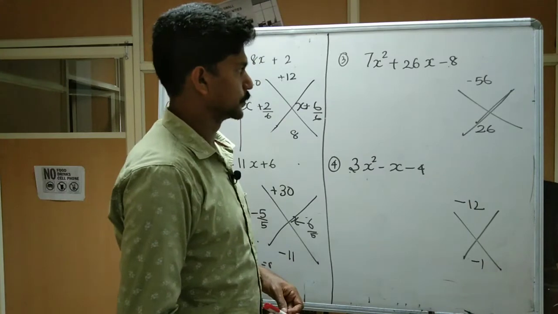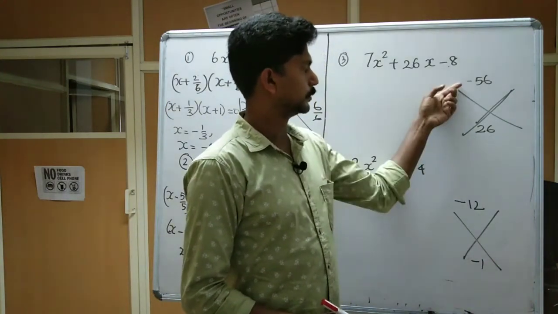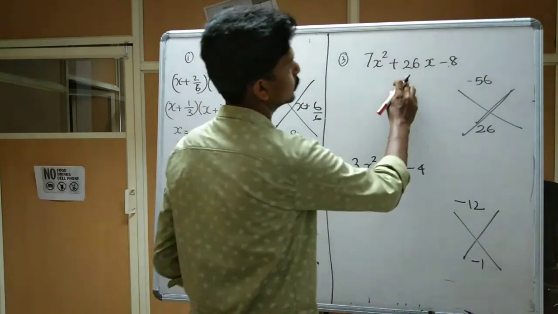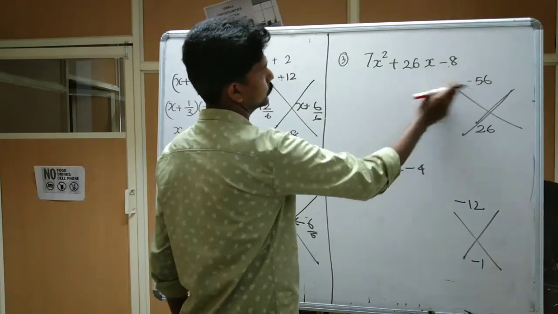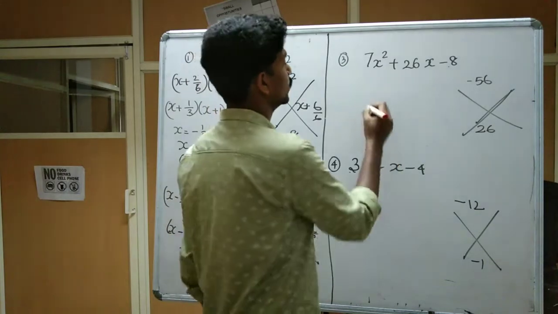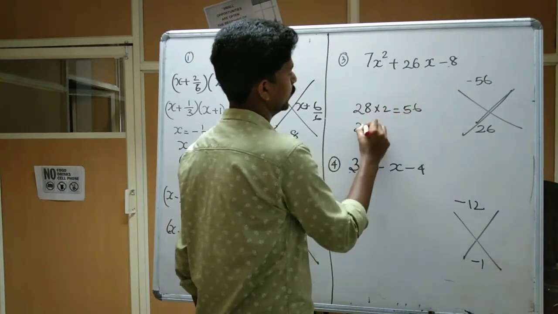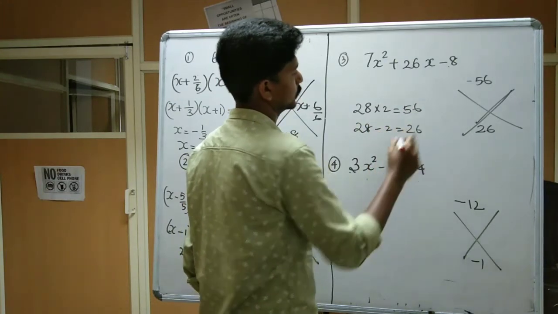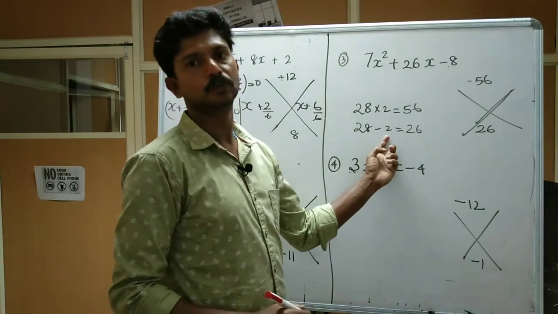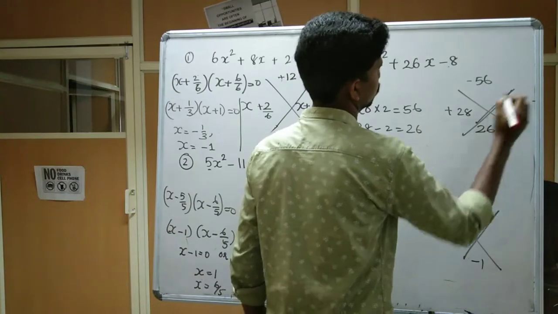So here positive and here negative, but the product is negative. Let us see the factors of 56 which give 26 on adding or subtracting. That is 28 into 2 is 56, and 28 minus 2 is 26. So we take 28 positive and 2 negative.